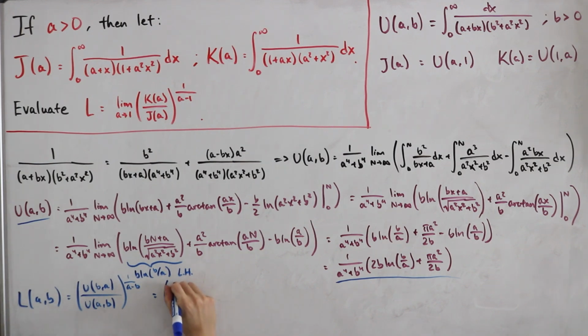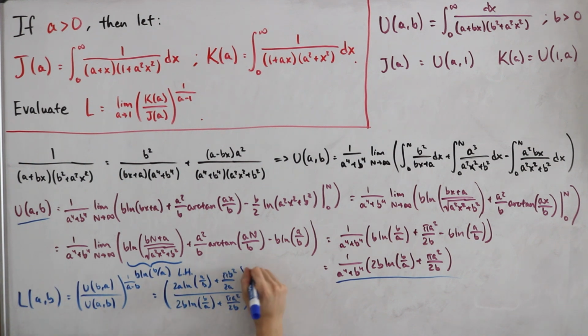So we're going to have 2a multiplied by ln of a divided by b plus pi b squared divided by 2a, then divided by 2b ln of b divided by a, add this with pi times a squared divided by 2b, close that off, and then to the power 1 divided by a subtract b.